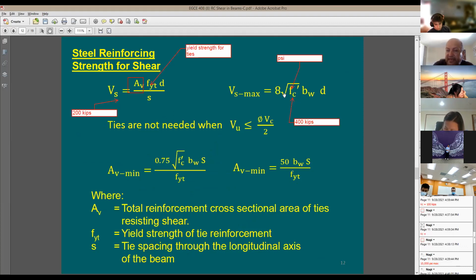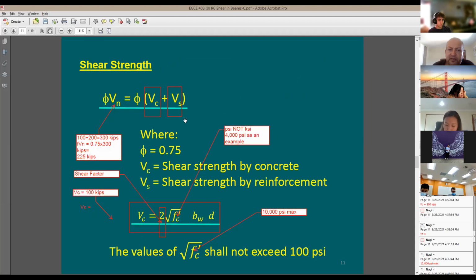So now I know the max when it comes to this. And then it says you don't really need to put any ties when you have a certain condition. We need to be very careful about this condition. This is when your demand Vu is very small compared to the capacity of the concrete. Because someone is going to say, I compared Vu with phi Vc only, without adding any ties. I have a nice concrete beam.